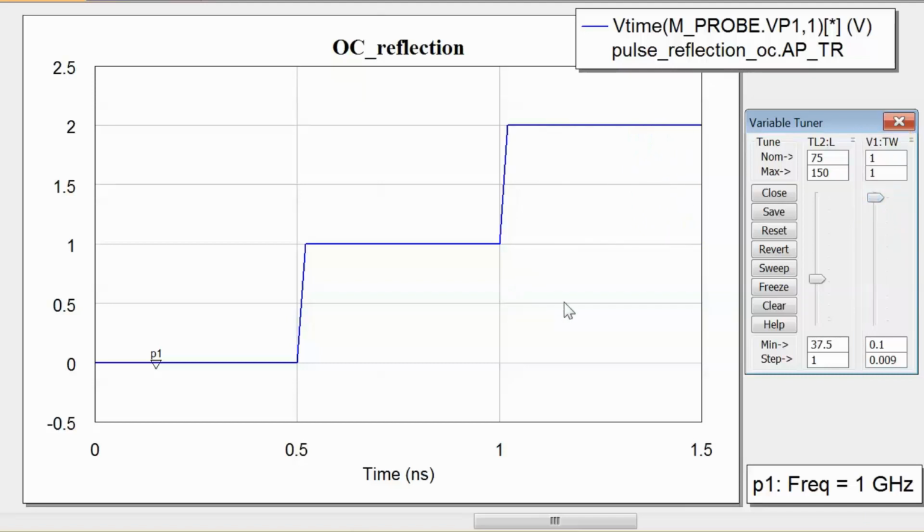And so what you see at the observation point is a superposition of incident and reflected voltages. Because they have the same polarity, this translates into a doubling in the voltage amplitude. And this is what we've seen also in the case of a step voltage. If you have a pulse width that is really, really long, in effect you're getting yourself into a very similar situation to that of a step voltage being produced by your generator.